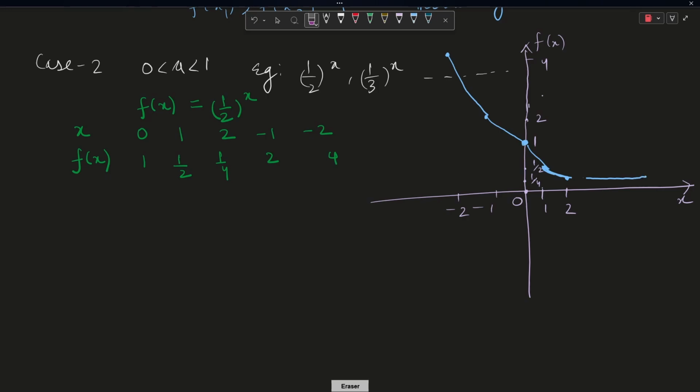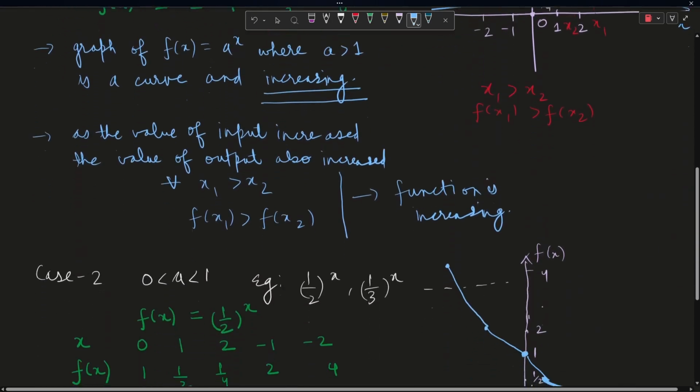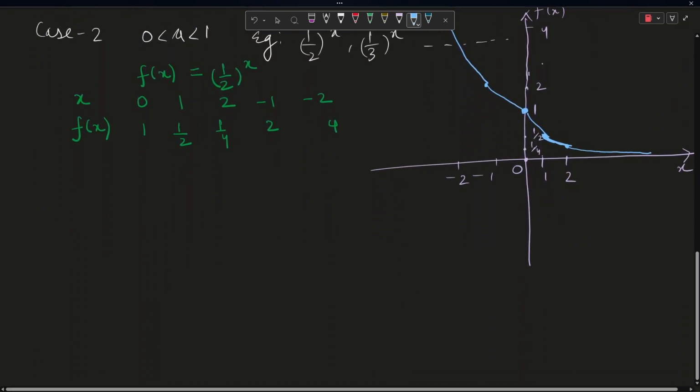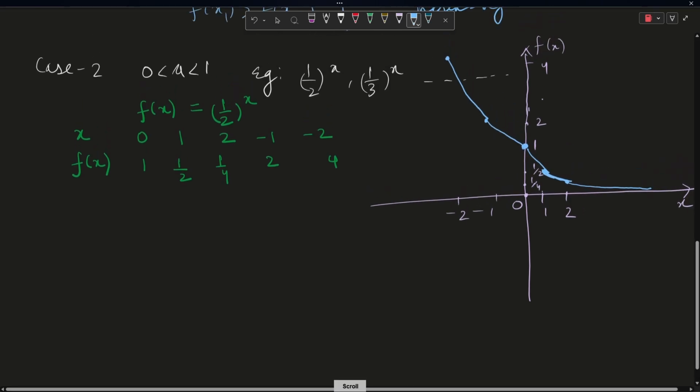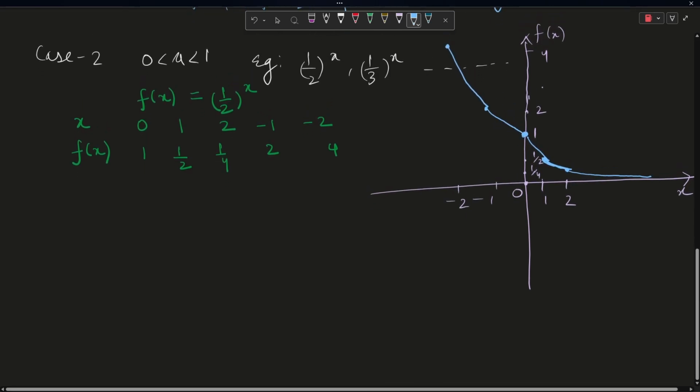But what can I say from the graph is that the graph is completely different from what we had expected. And it is also obvious because the conditions have changed. As the conditions have changed, so is the graph also going to change.